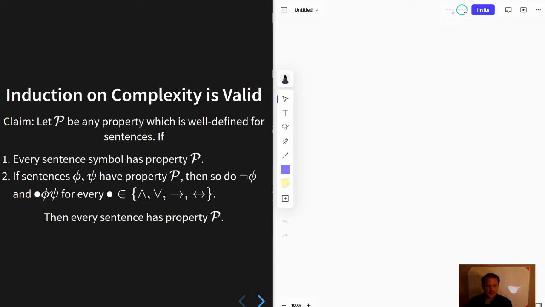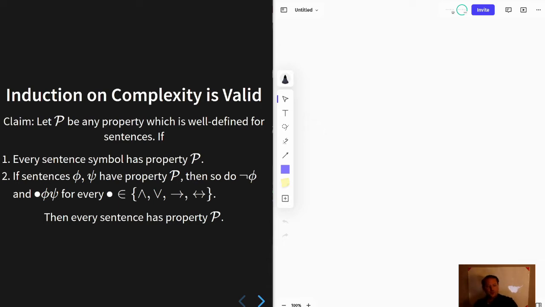Suppose that P holds for every sentence symbol and also is preserved under taking connectives. When I say preserved under taking connectives, what I mean is what's written here as number 2: if phi has it, then so does negation phi. And if phi and psi have this property P, then so does bullet phi psi, where bullet is any one of the binary connectives.